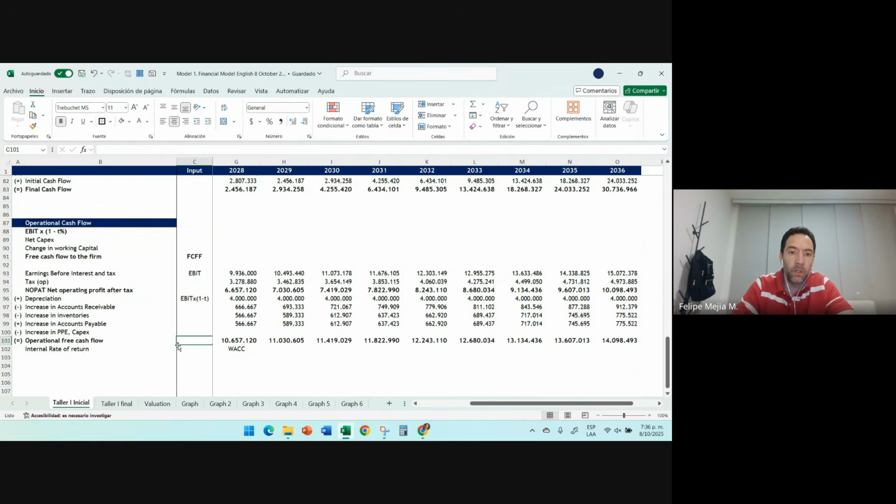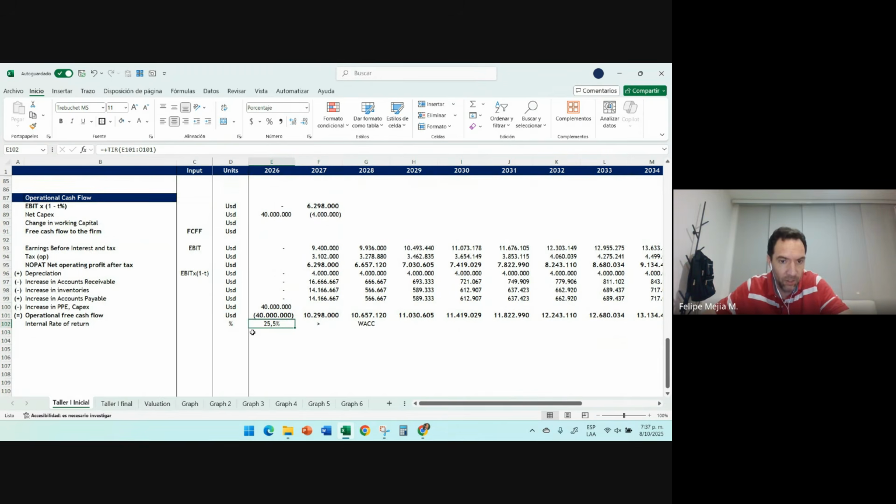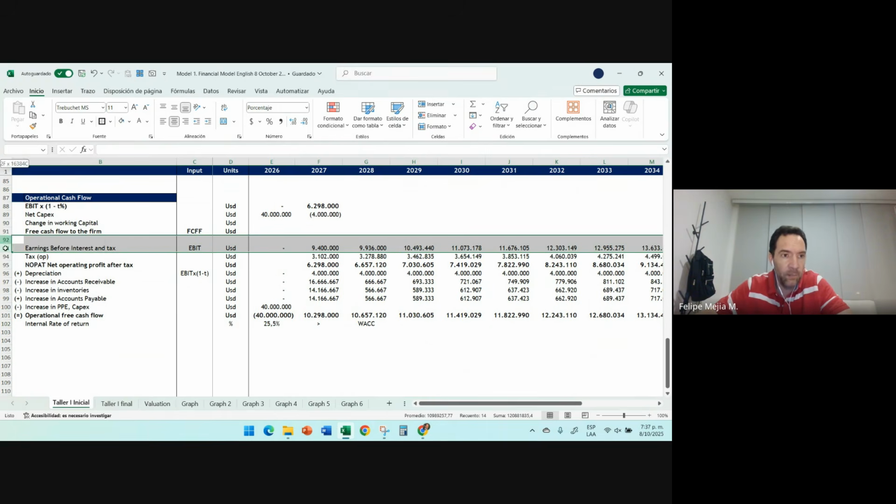In this particular model, we invested $40 million, but we're not happy with the recurring capex. We are probably happy with the way this is, with this internal rate of return. 25.5% is very high, suspiciously high, I may add.